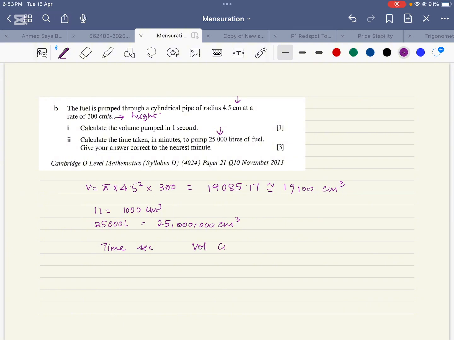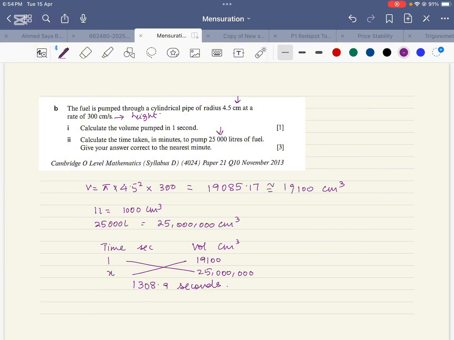Okay, now we have time in seconds and volume in centimeters cube. So in 1 second it pumps 19100 centimeter cubes. In how many seconds is it going to pump 25,000,000 centimeter cubes? You cross multiply and you get the answer 1308.9 seconds.